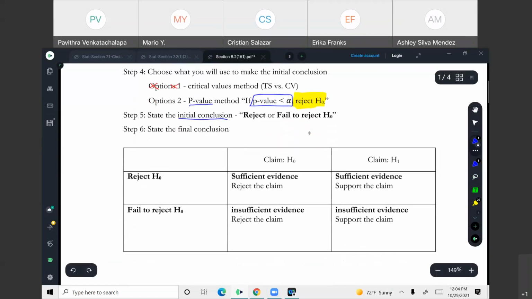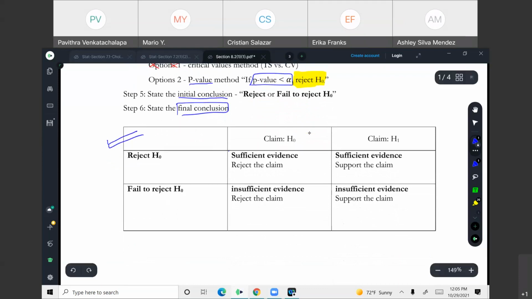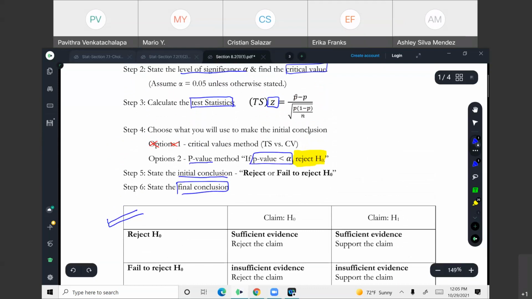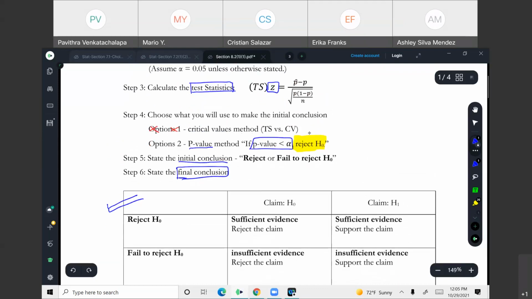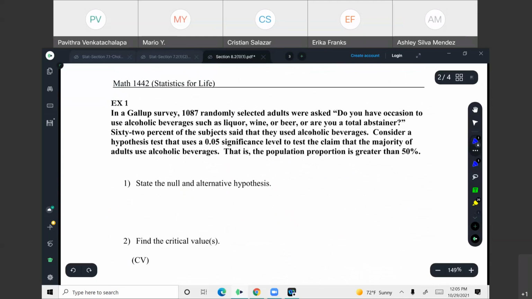And about your final conclusion, you have a table here. Depending on the problem and on your initial conclusion, you will be deciding which final conclusion to choose. We have a few examples. We will do that and you will get an idea about this. Okay, so this is the problem given.